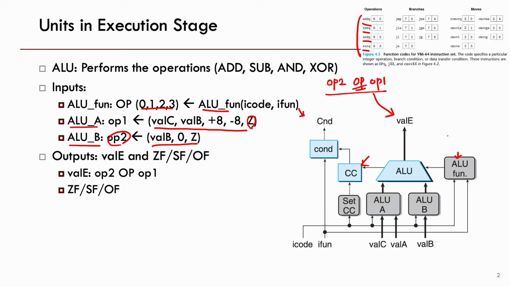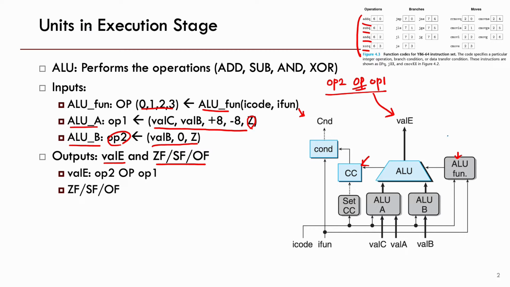The result of this computation will come out through val E, and it will also output three condition codes: zero flag, sign flag, and overflow flag.